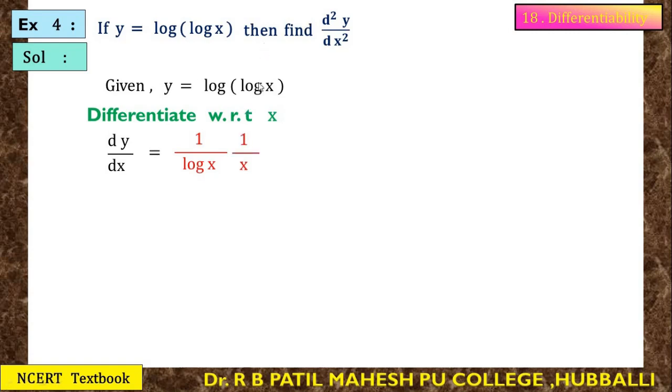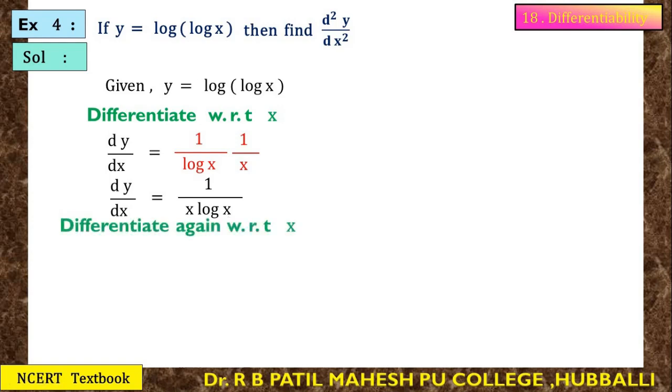Into 1 upon x means it is the derivative of the variable, the log x function derivative, 1 by x. First this is written for the first log, that is 1 upon the variable. After that, the variable derivative. Now rewriting this function, dy by dx is equal to 1 upon x log x, 1 upon x into log x.